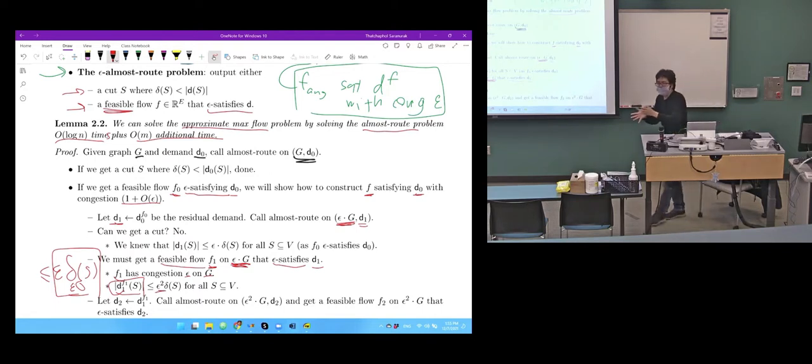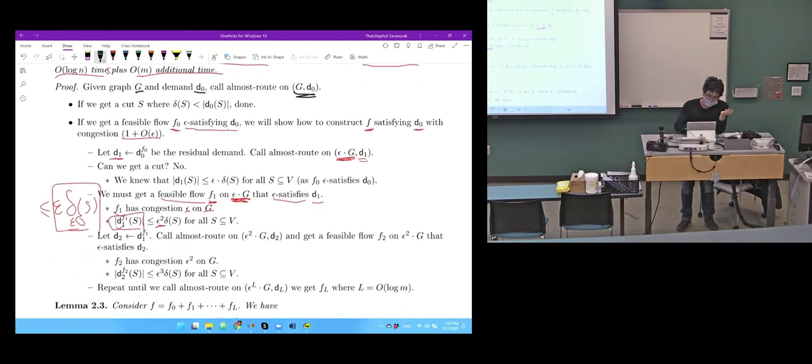So you again get a residual demand of a residual demand that is even smaller, now epsilon squared. So what should we do next? Again, define the graph similarly.